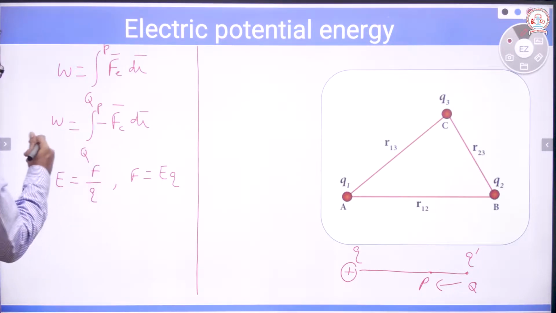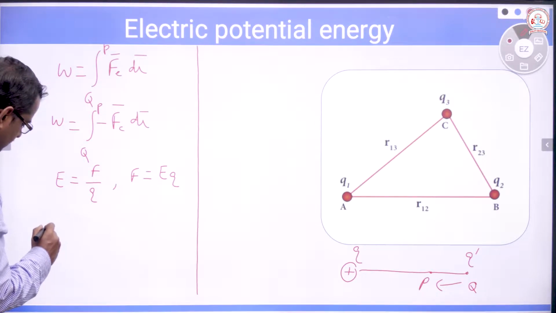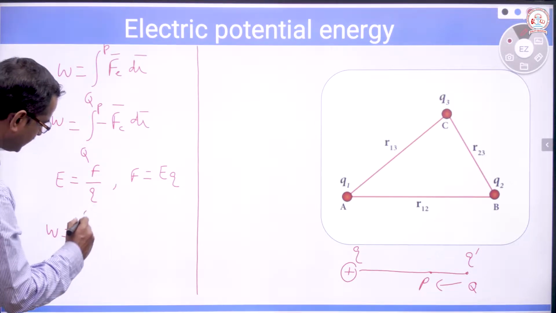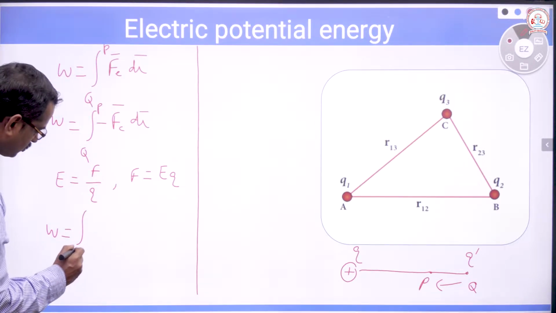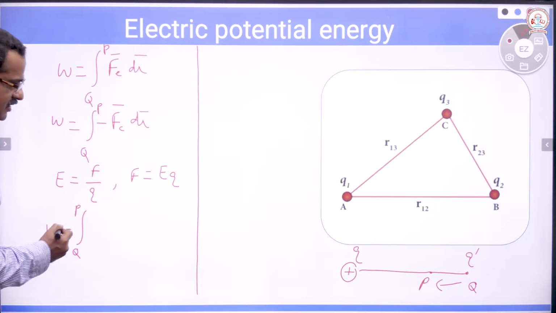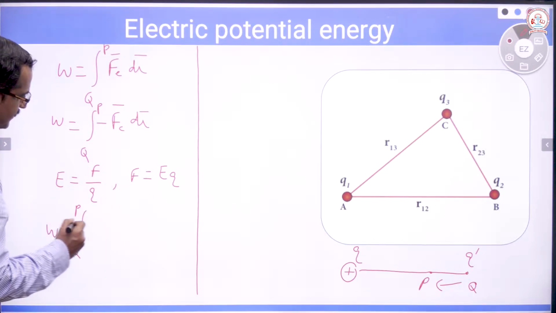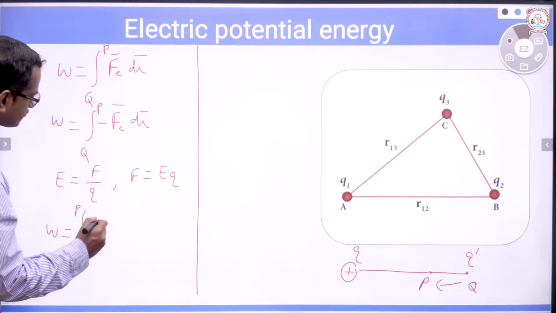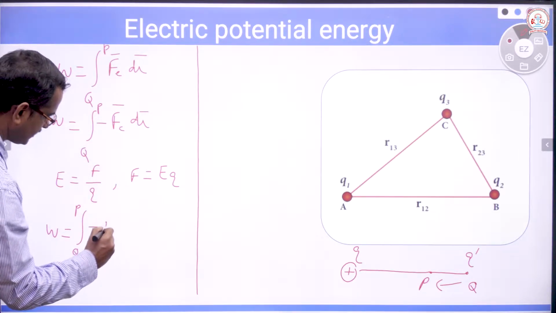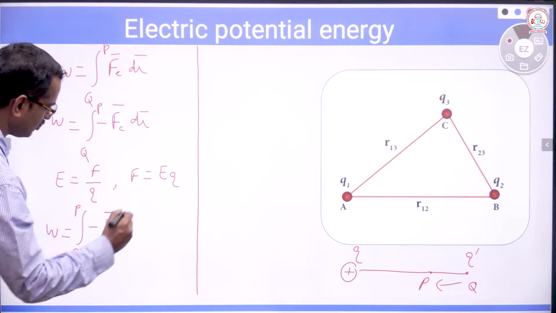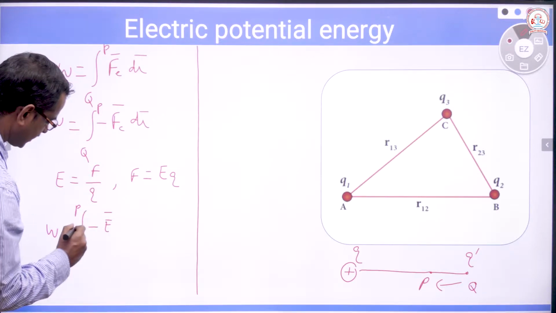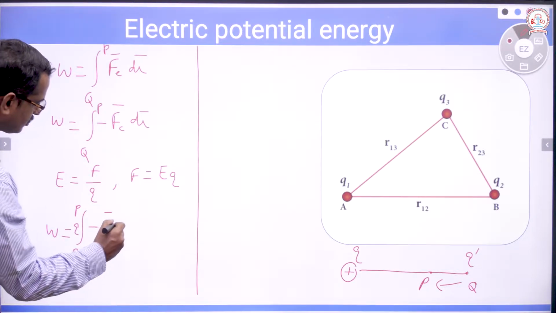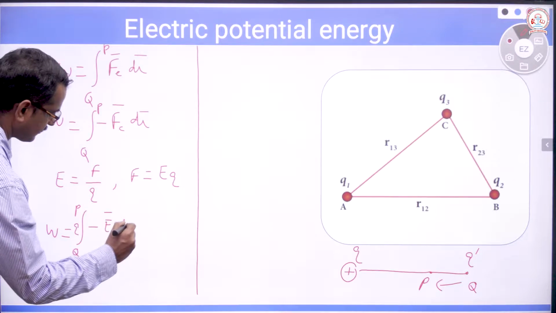Then we can write that this work done is equal to integral Q to P, as we move the charge from Q to P, of minus E vector, and Q can be brought out, Q and dr.